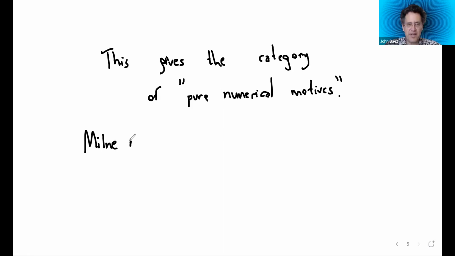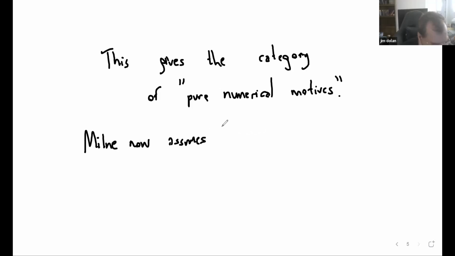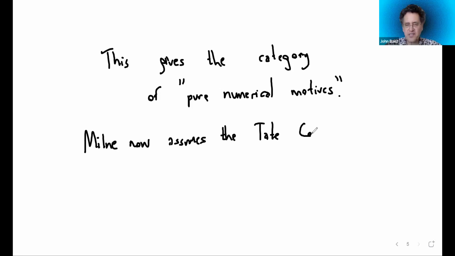Okay. Anyway, so now Milne, to get anywhere, assumes a big conjecture. I don't want to even explain anything about it, but he assumes the Tate conjecture. The Tate conjecture implies some of the standard conjectures.